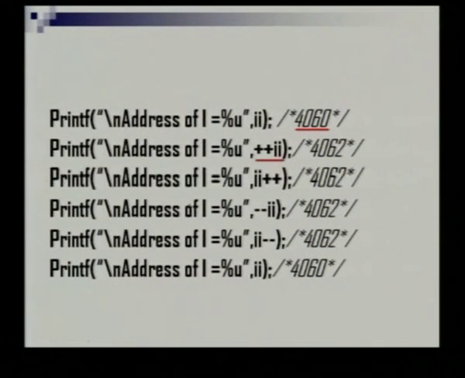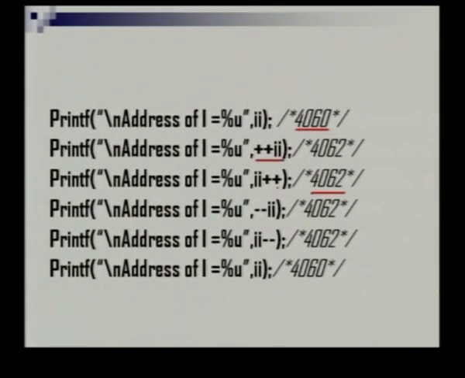In the next statement, I am again incrementing the value of this address with another plus plus. But here the output is only 4062. This is because this is a post increment operator. When we saw about operators, we saw that a post increment operator's effect will be seen only after the statement is printed. So here ii will be printed first and then the value of this address will be incremented.